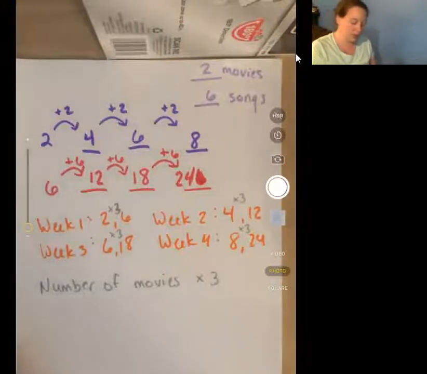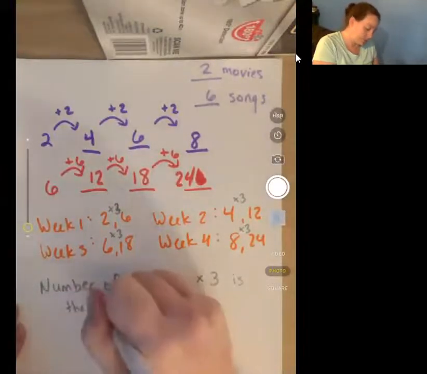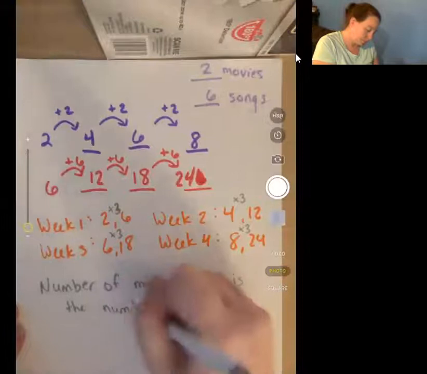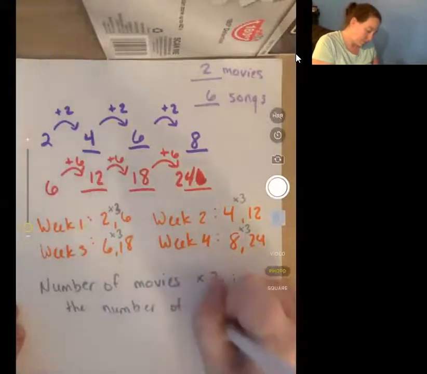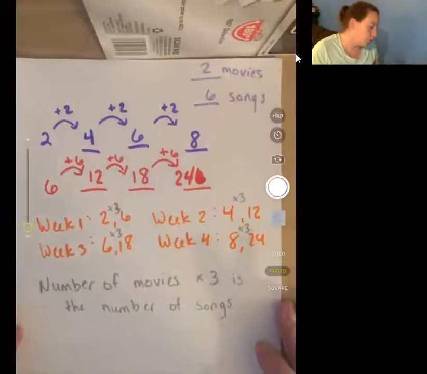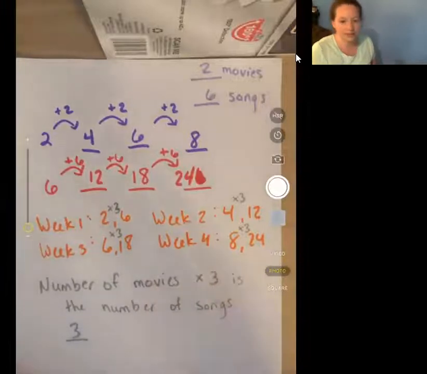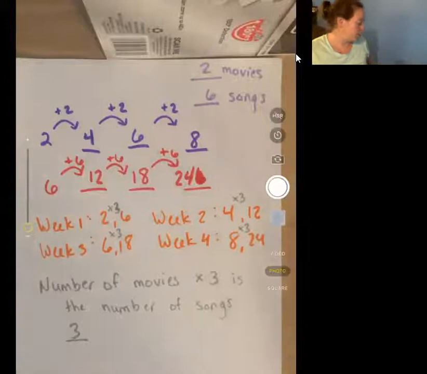Number of movies times 3 is the number of songs. Okay. So from one week to the next, the number of songs Well purchased is 3 times as many as the number of movies purchased.